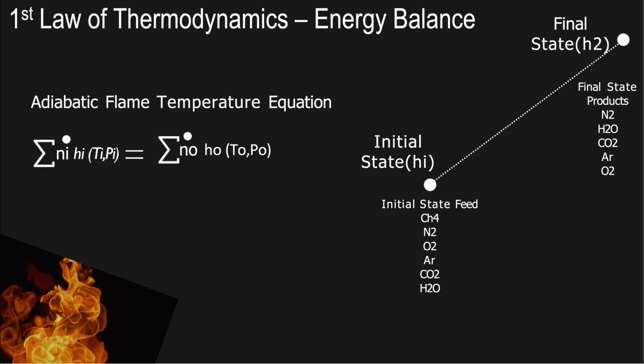The methane is going to be burned, and you're going to end up having only nitrogen from the air, steam from combustion, carbon dioxide from combustion, and along with the one coming with the air, argon, and oxygen. The oxygen here is going to represent the excess oxygen. It can be zero or it can be more than zero.